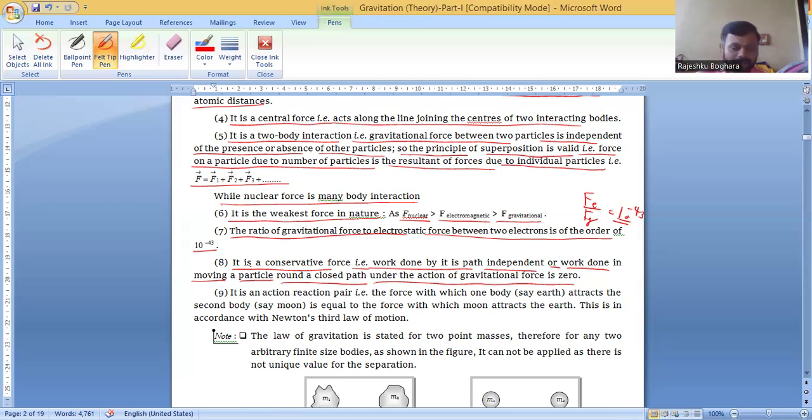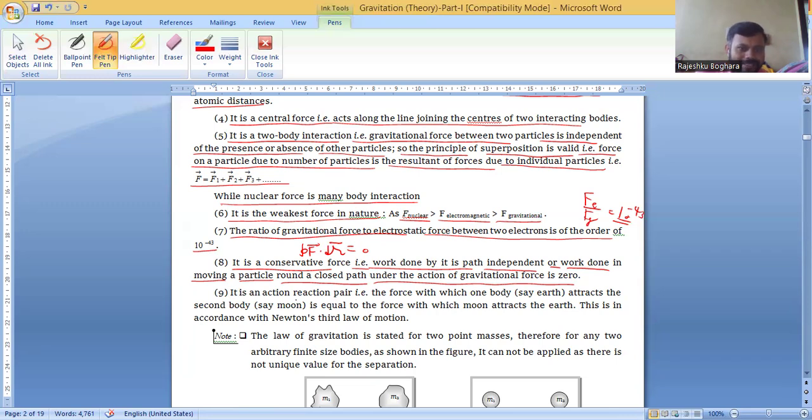Here we study the closed integral of F dot dr equal to 0, which means the round integral of a conservative force is 0.